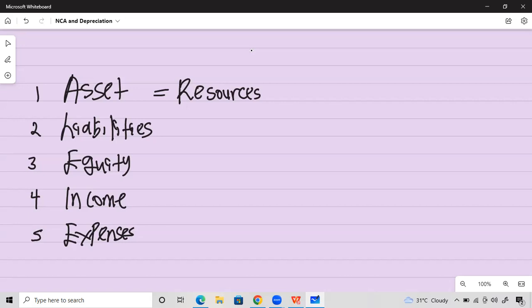It must exist by now. Maybe the laptop or the telephone that you're using now, it is your asset. So resources that you have as at now are your assets.